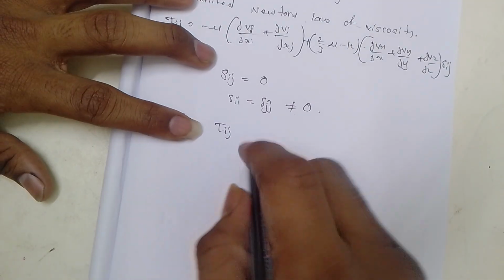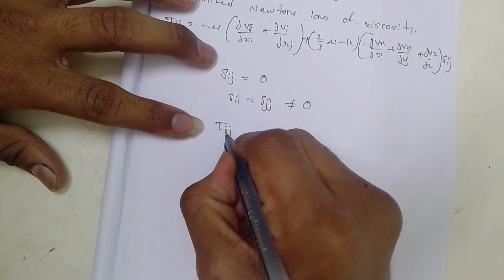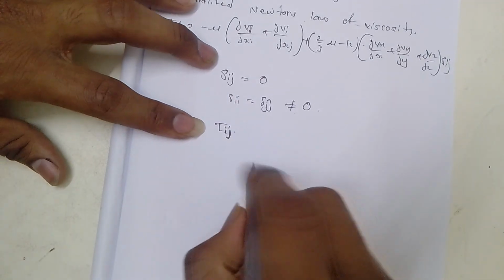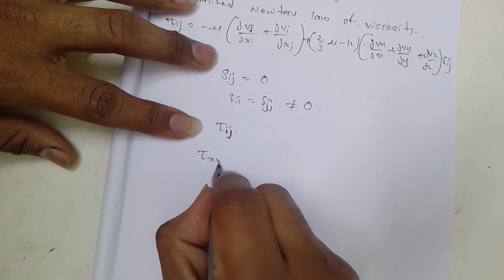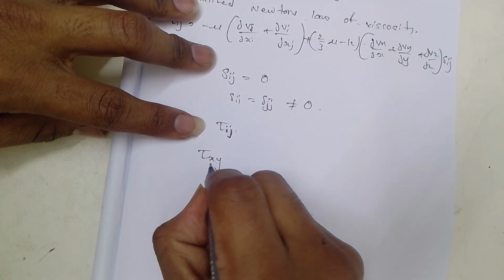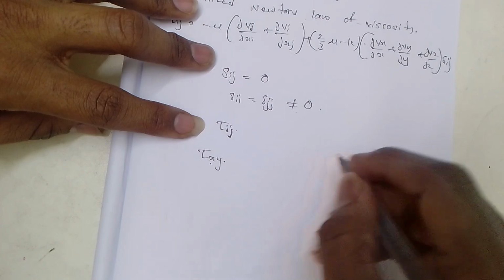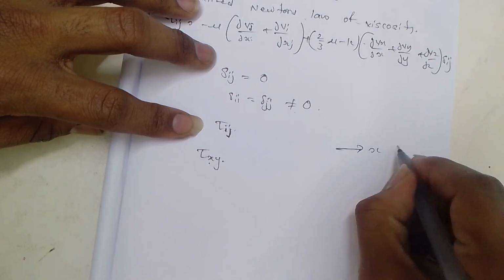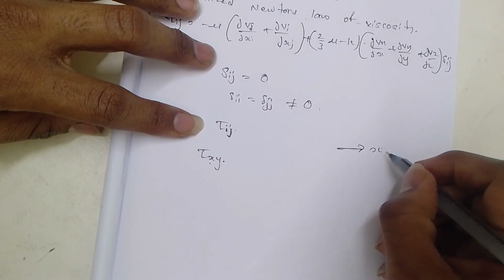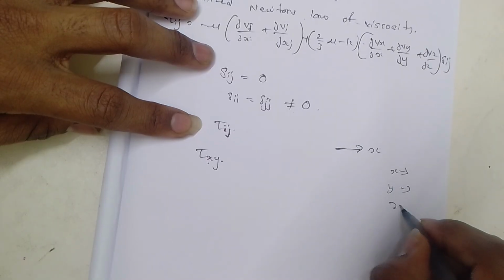Here tau iz we can call momentum in the i direction due to velocity in the z direction. If we take it as tau xy, then we can say this is momentum in the x direction due to velocity in the y direction. If the velocity is in the x direction, then its momentum will be in all three directions: x, y, and z.